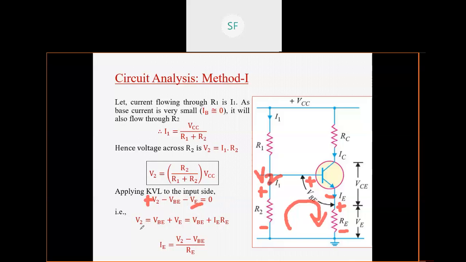So finally I am getting V2 equals VB plus VE. But we know that VE is nothing but the voltage drop across RE. So you can write VE as IE into RE by applying simple Ohm's law. The voltage across this particular resistor is nothing but the current flowing through it times the value of the resistor.